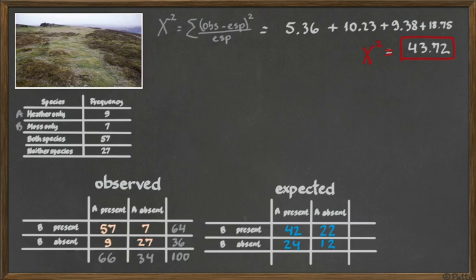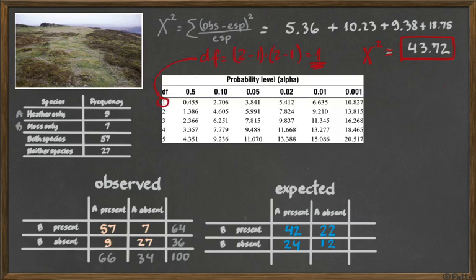So what does that mean? We need that table. The degrees of freedom are 2 minus 1 times 2 minus 1, which equals 1. I hope you checked the previous slides, otherwise check it right now. 43.72 puts the value way beyond 10.827.